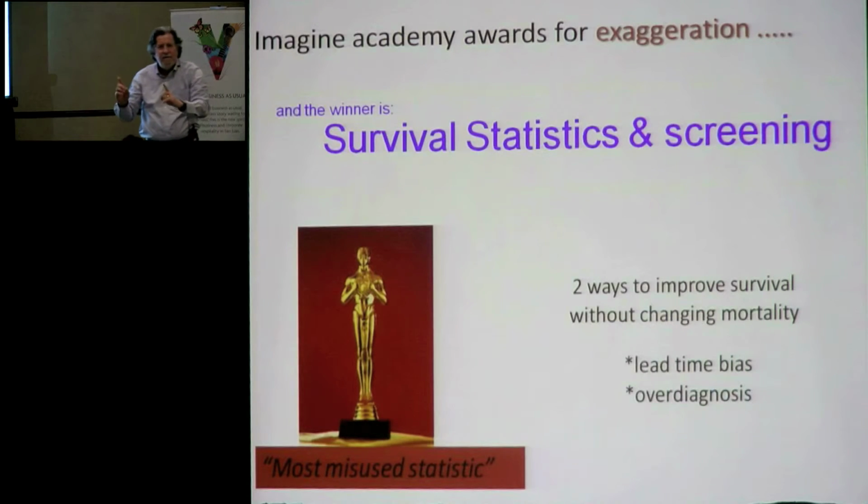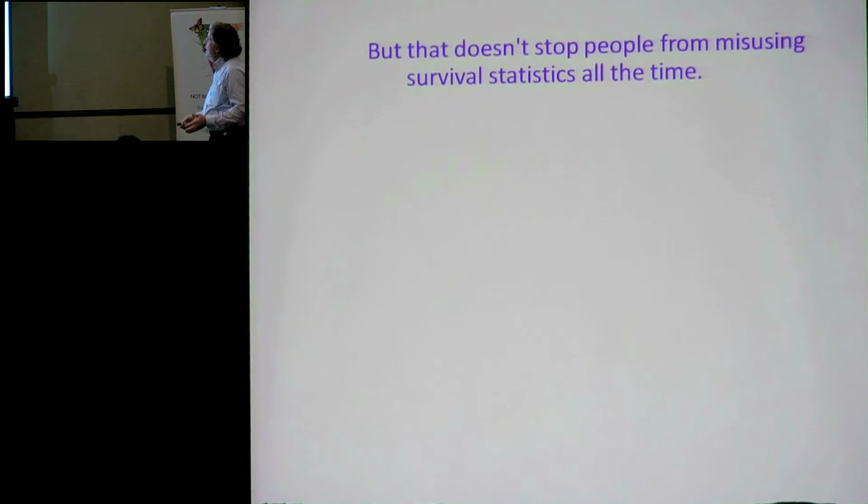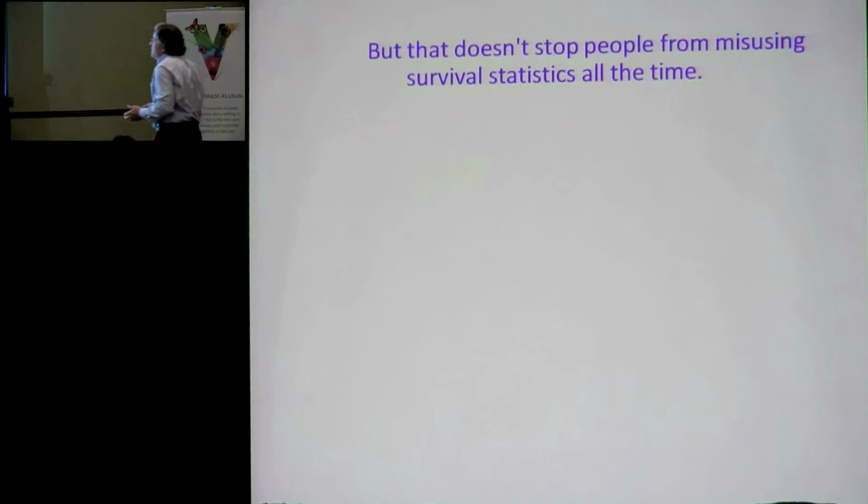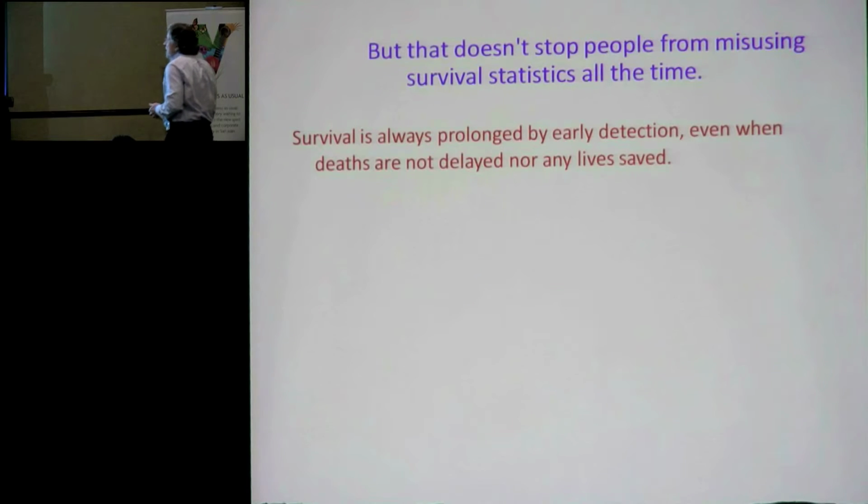When we find things by earlier screening that do not affect when we're going to die or how we die, it just looks like we lived longer because of one of the built-in quirks of statistics. You need to know that if you're going to play this game, which is not a game. Yet, that fact does not stop people from misusing survival statistics all the time.